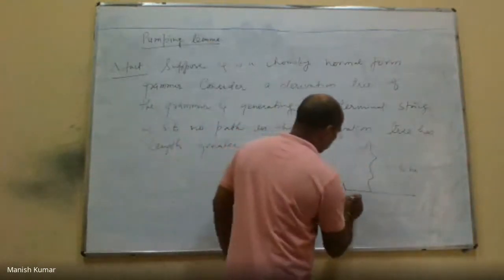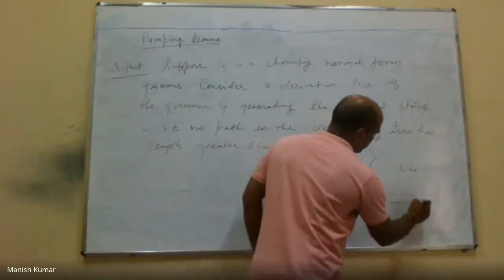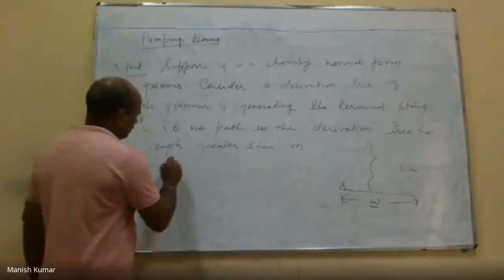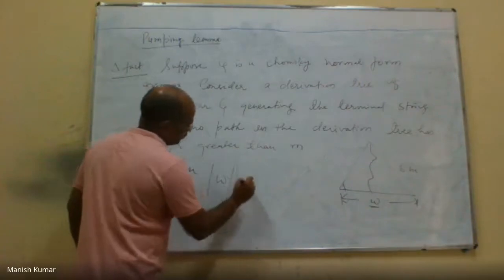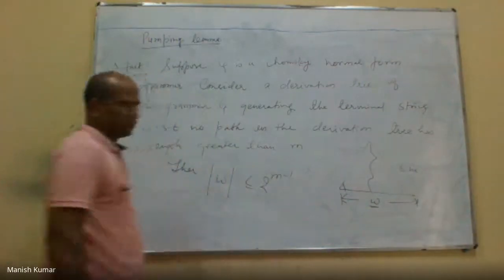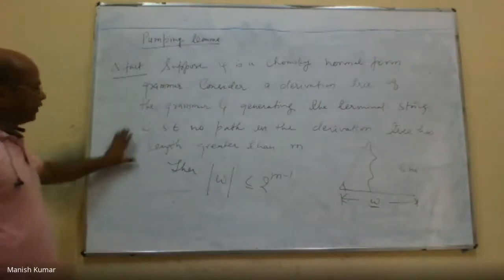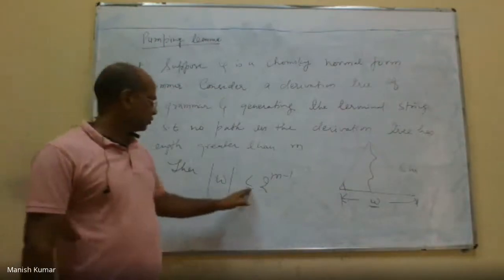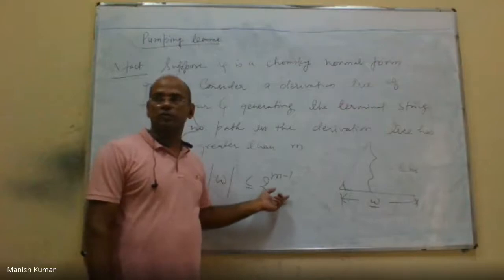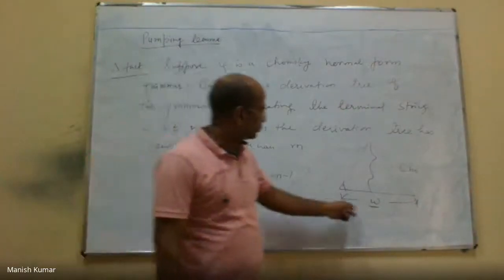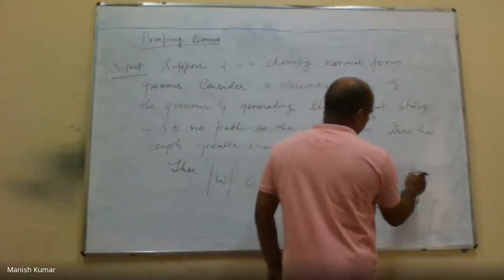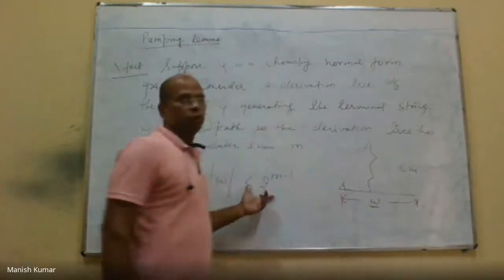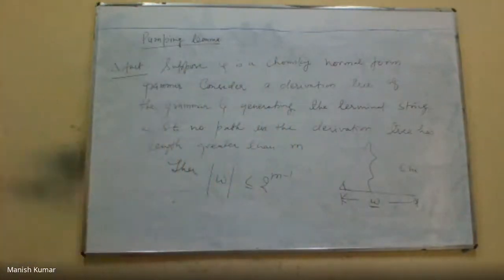Then whatever w is generated by this tree, the length of the string would always be less than or equal to 2 to the power m minus 1. So this is what we look for.